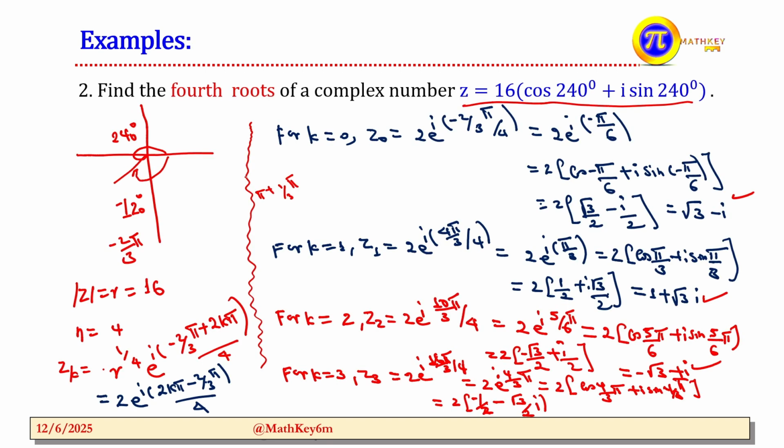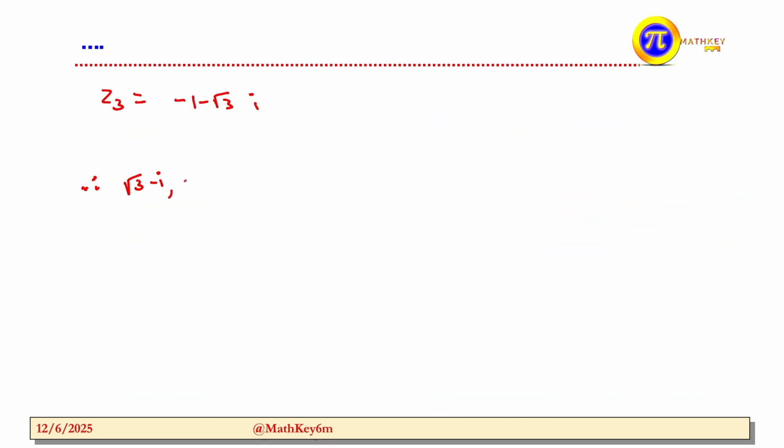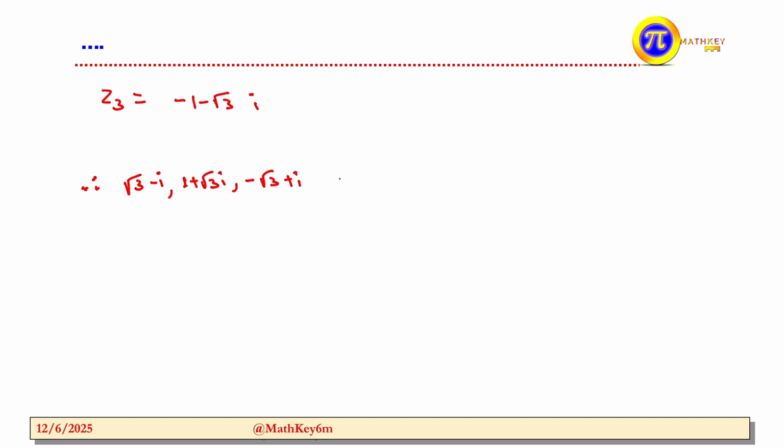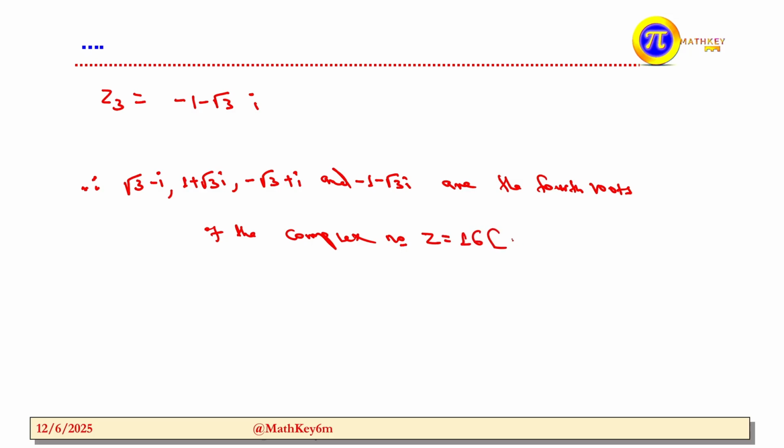These are the roots of the complex number z equal to 16 times cos of 240 degrees plus i sine of 240 degrees.